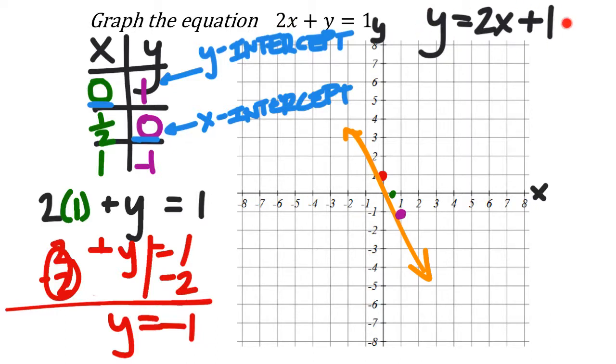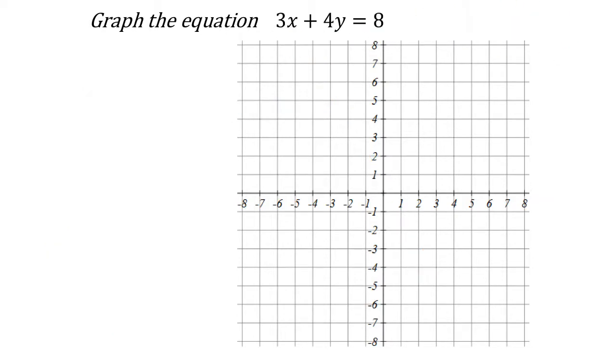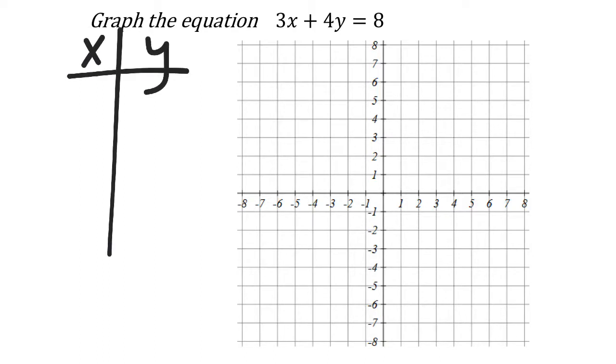If it's in this format, I would choose values of x only. So for a problem like this one, again, we see coefficients of x and y that are not 1. So maybe it's going to matter, maybe it's not. We may just end up seeing some fractional values on this, okay?